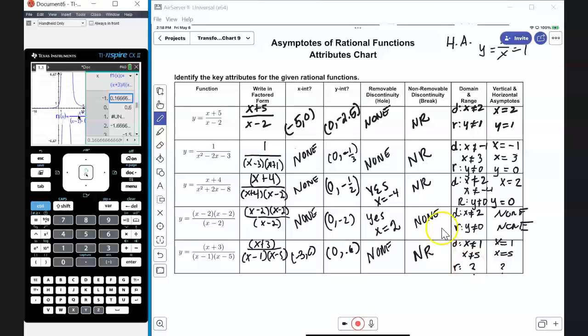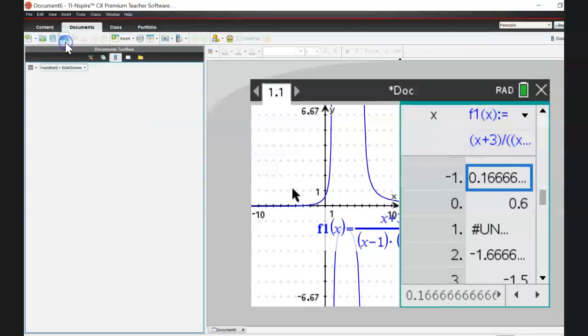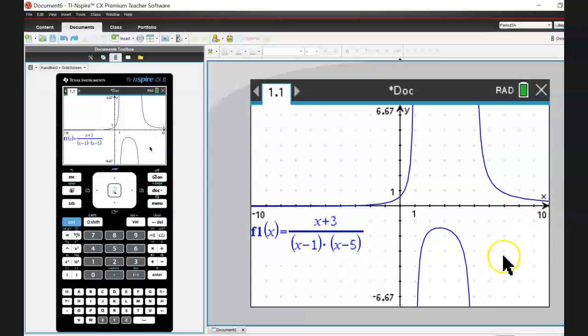It looks like it's negative 3. It looks like negative 1.5, doesn't it?